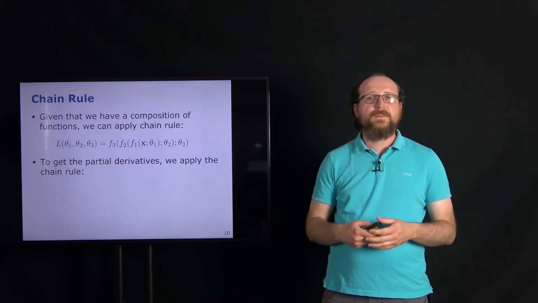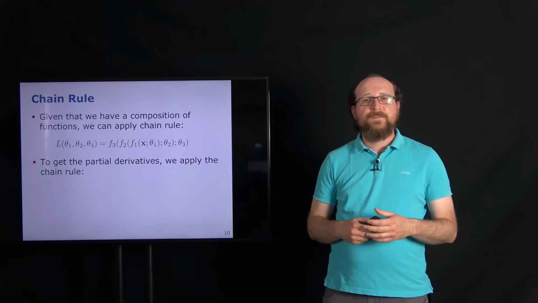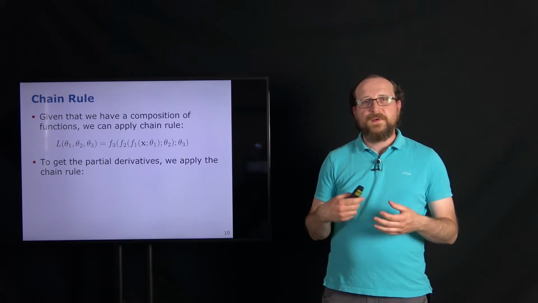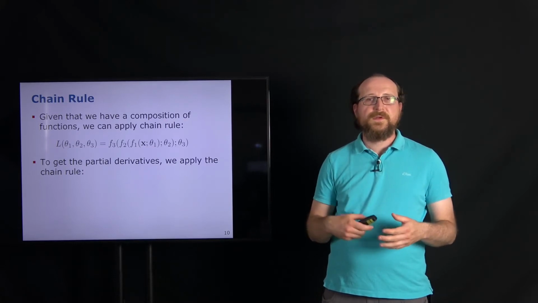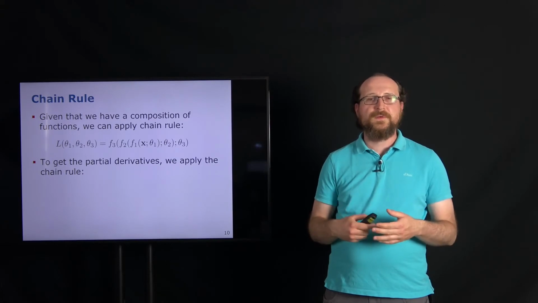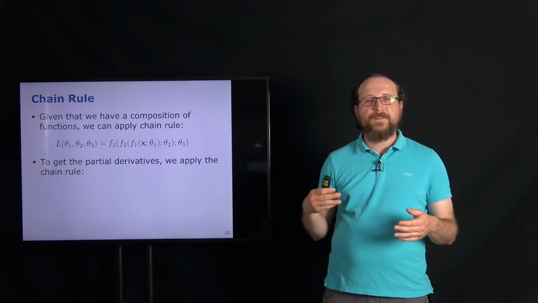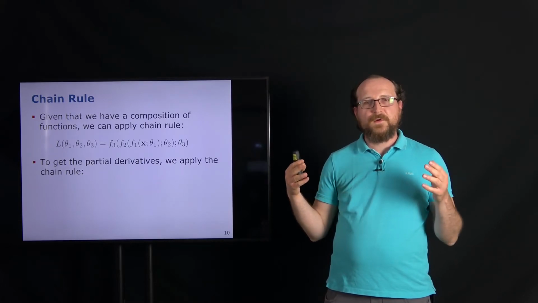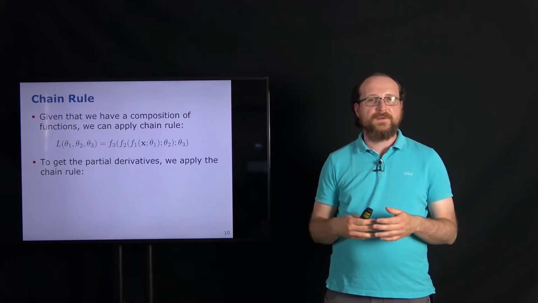And for computing the partial derivatives, we can now apply the so-called chain rule. As I said in the last lecture, when you're thinking of neural networks, it's basically just a composition of functions in the end.